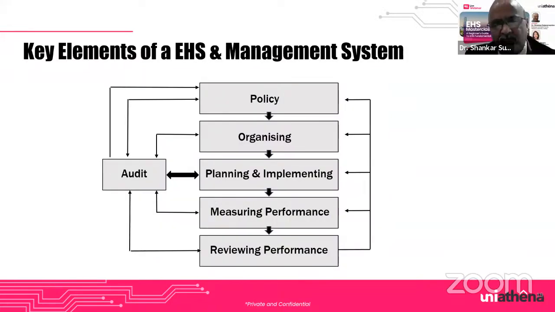So the key elements of an EHS management system are: you make policies, you follow policies, then you organize your workplace in such a way, you plan and implement these plans. Then you measure and make sure that it's audited and inspected, measure the performance and how it has improved. So you review the performance, and all along you keep the audit.